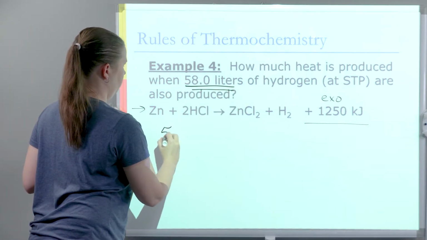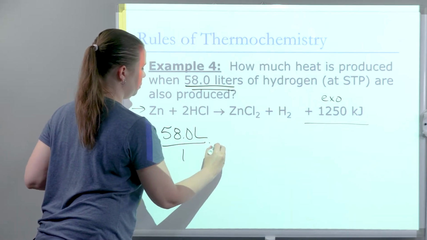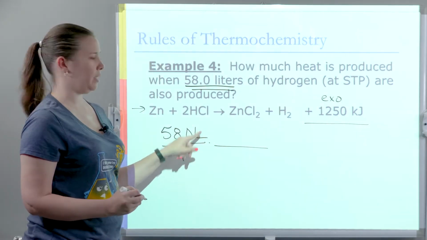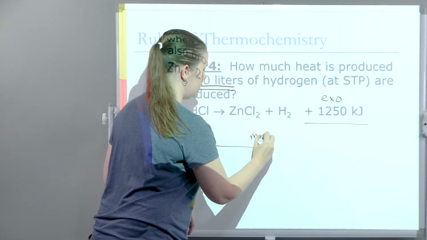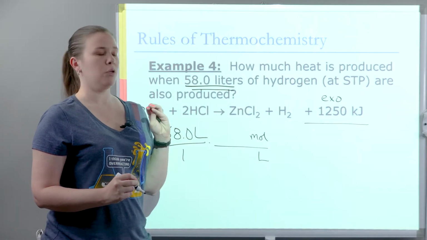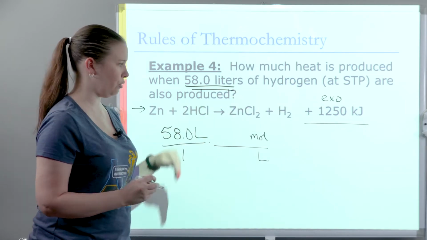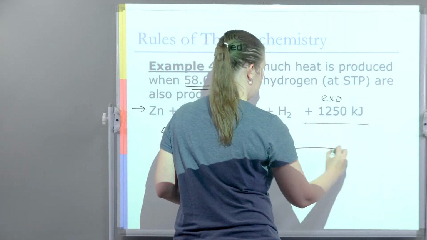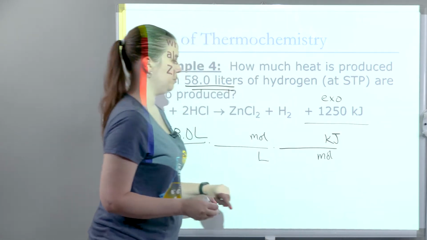We have 58.0 liters. So I'm going to put that over 1. And then because I want to get out of liters, I'll put that in the denominator. And since it's at STP, I can now convert volume to moles. The question is asking about the heat. So I'm going to need my mole to energy ratio for my balanced equation. So mole will go on the bottom and kilojoules on the top.